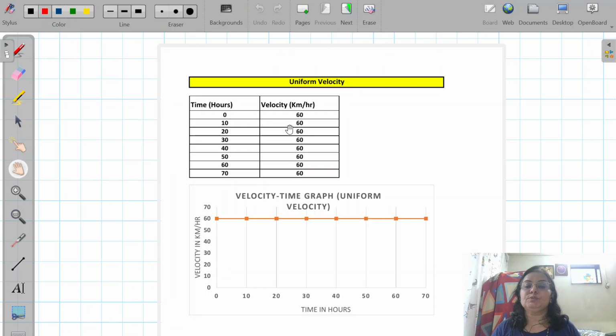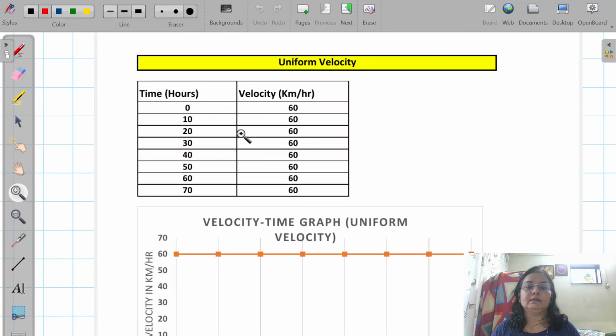This is like Anuj is moving in a train which is moving at a speed of 60 km per hour, or in a car which is moving at a speed of 60 km per hour. And for every 10 hours increase in time, his velocity remains the same, that is 60 km per hour. If you closely see this graph, at 10 hours he is at 60 km per hour, at 20 he is at 60 km per hour, at 30 hours he is at 60 km per hour, at 50 hours he is at 60 km per hour.